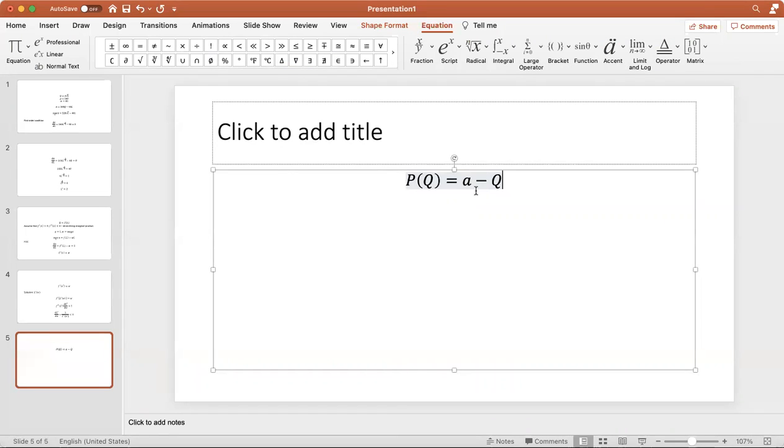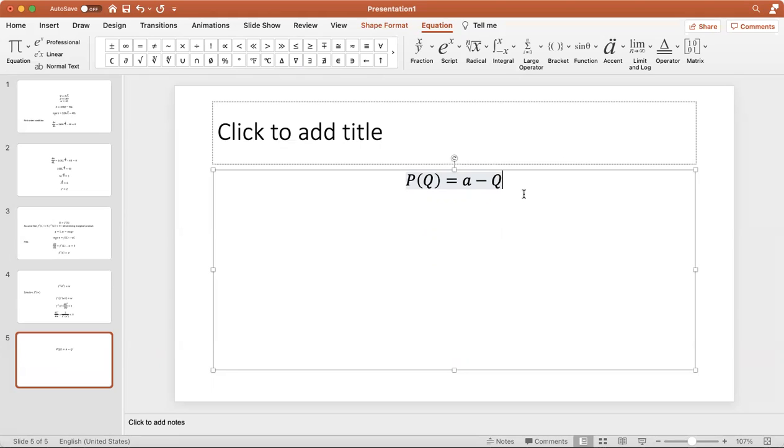Among the many firms in the competitive market, he only takes P as given, something fixed. But in a monopoly, since there's only one producer, he cares about this entire demand function because this will determine when he sets Q. This will change the price, and of course, this will have an impact on his total revenue and on his profits. So this is A minus Q.